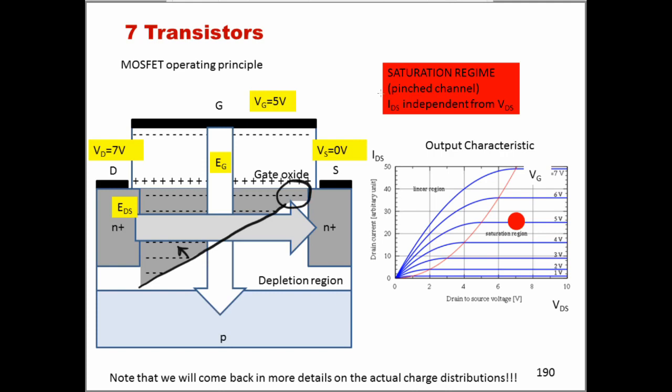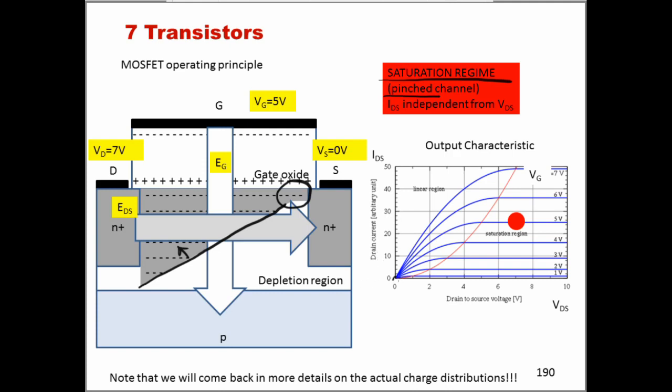In this situation, what we would say is that the channel is pinched. In this condition, we are in the so-called saturation regime. From this point onward, as soon as the channel becomes pinched, we enter the saturation regime.